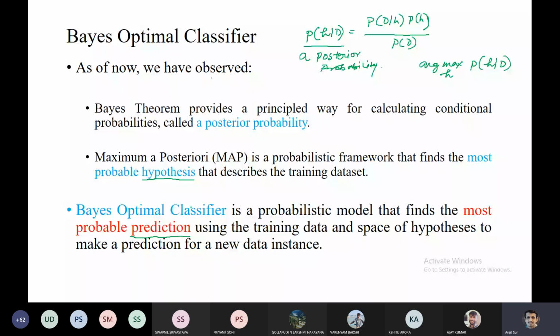Most probable prediction using the training data and space of hypotheses to make the prediction for a new data instance. So what we require is the most probable classification or prediction. This is not the most probable hypothesis, but it's an optimal classification.